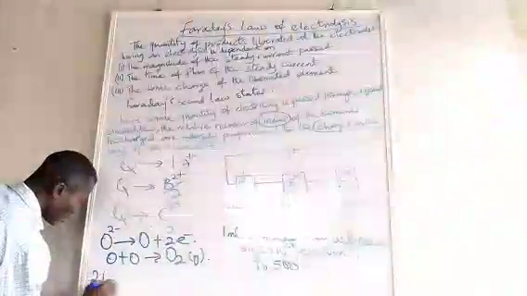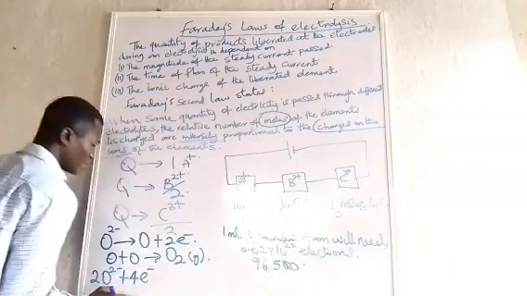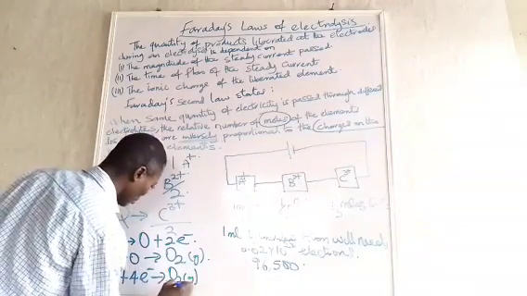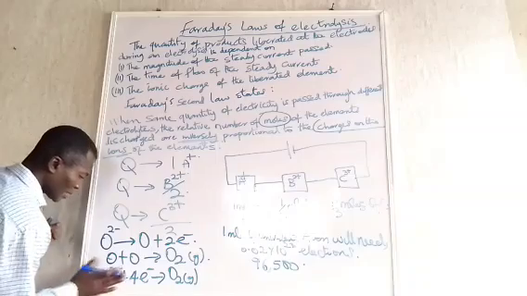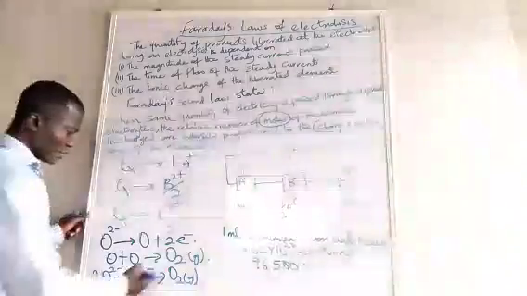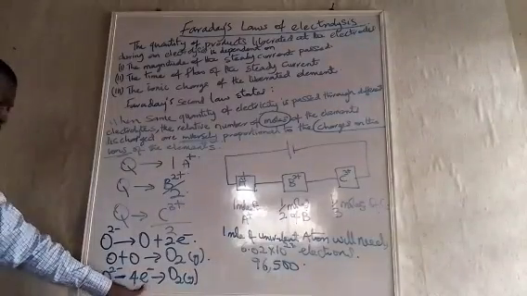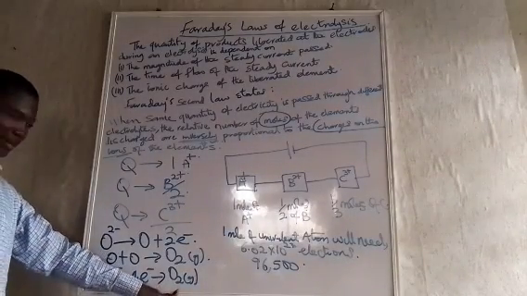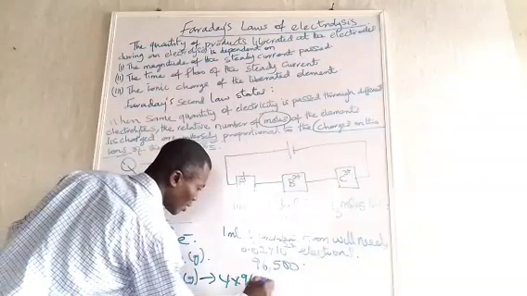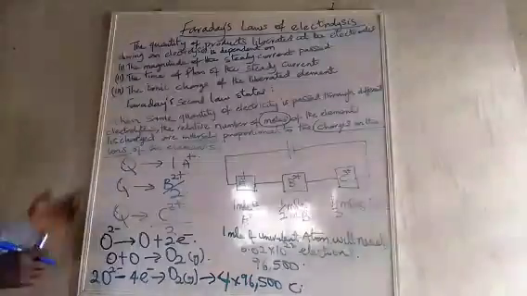It's going to be 2O2- minus 4e- to give me O2 gas. If you look at this, I will need 4 moles of electrons to have the gas. So for this one, I will need 4 times 96500 coulomb.